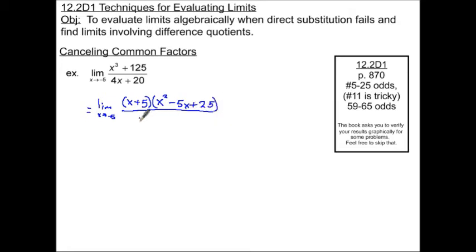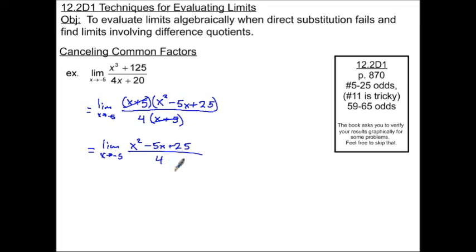From there, we factor the denominator, a little bit simpler factoring here. You pull out a common 4, and that gives you an x plus 5. Now what we can do is cancel the x plus 5s, which was the thing that was giving us a zero denominator, so we're now dealing with the limit as x approaches negative 5 of our leftovers here, x squared minus 5x plus 25 all over the 4.